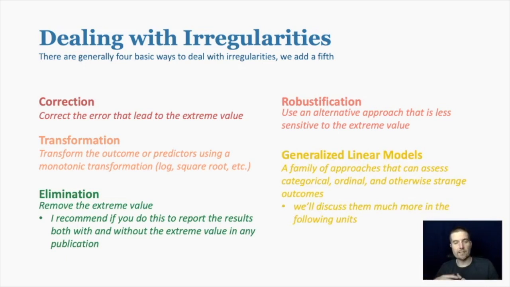And then I bring this one up. We're going to talk about this in Unit 4, but there are ways of dealing with really strange distributions of outcomes. It's a whole family of methods called generalized linear models.